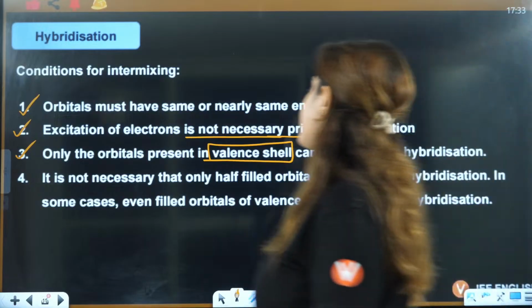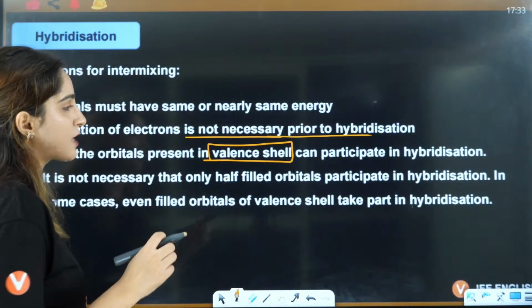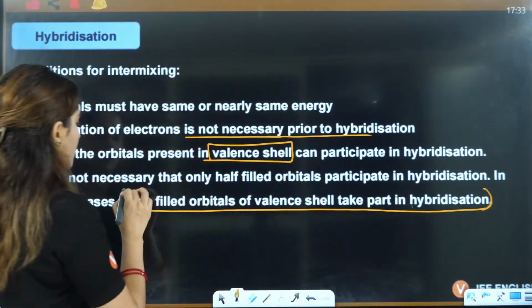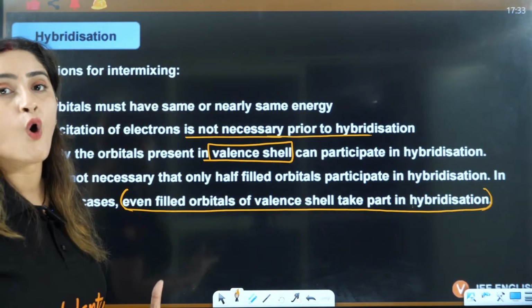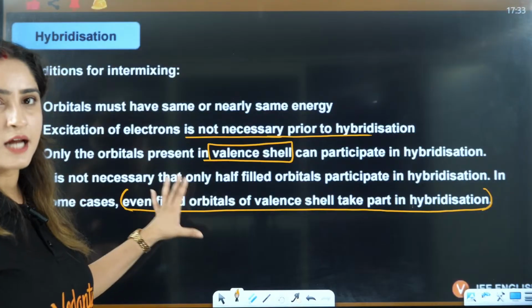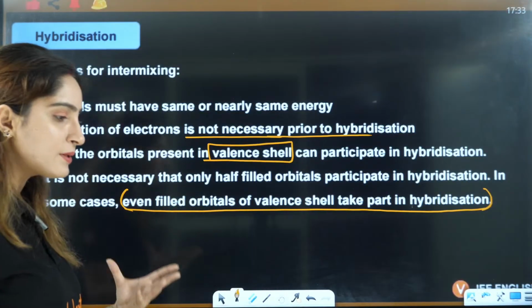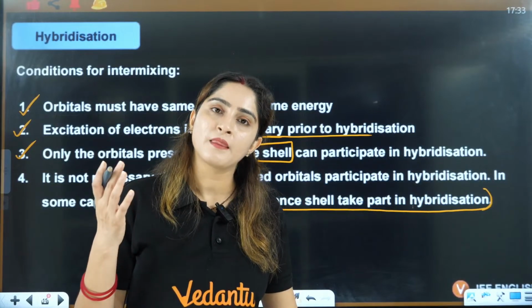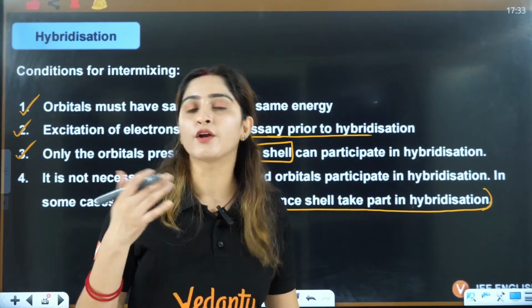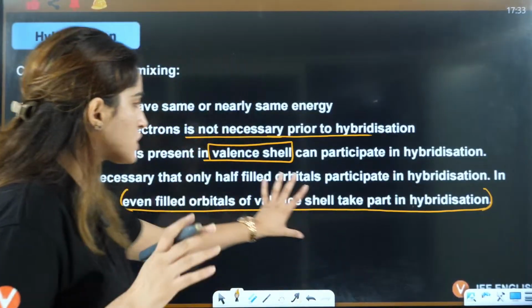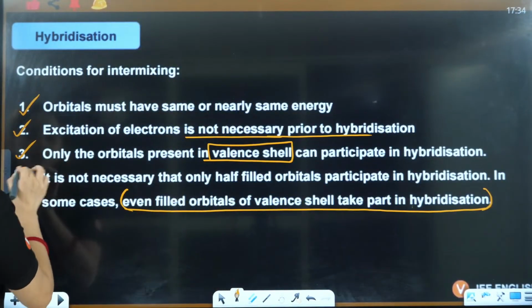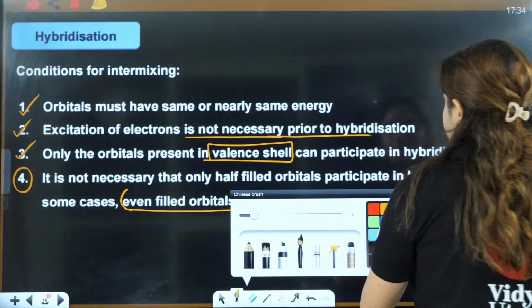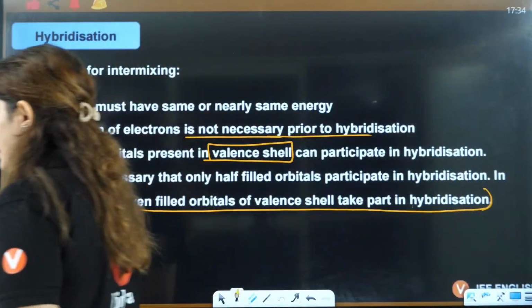In some cases, even filled orbitals can take part in the hybridization, right? These are some exceptions that we will discuss, that sometimes even the filled orbitals which have 2 electrons can also take part in the hybridization. This last point, we'll discuss later on in this chapter, right? Okay, understood? Yes, everybody.